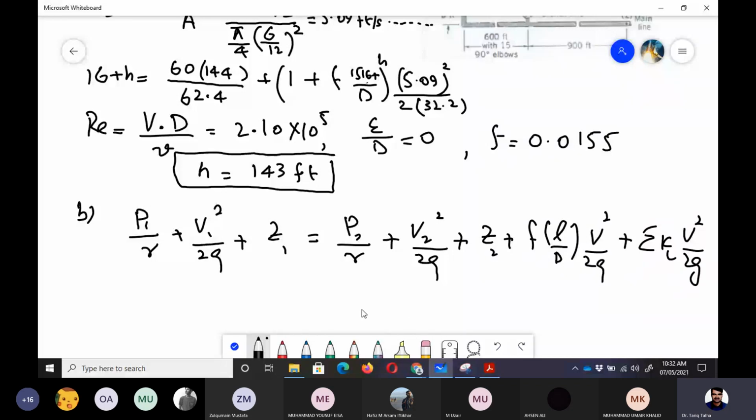Now this is the minor loss term. So we need to calculate the summation of K_L.